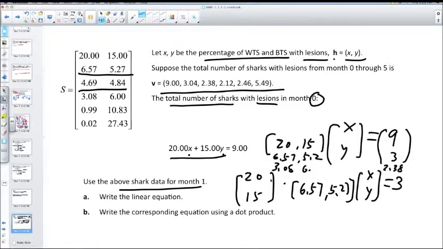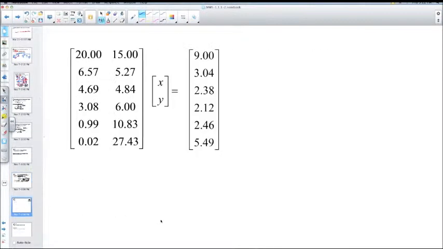You can write it as a dot product first if you want, but the best way, you can write into a matrix multiplication. The 6 by 2 matrix times 2 by 1, you get the 6 by 1 matrix. Well, you have 2 variables, you get the 6 equations. Is that right?